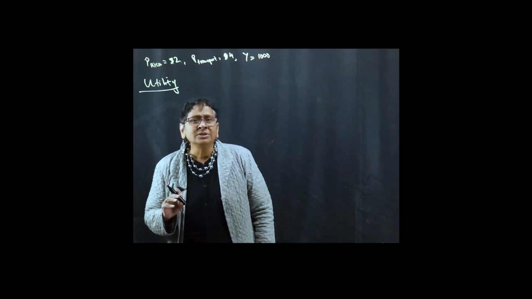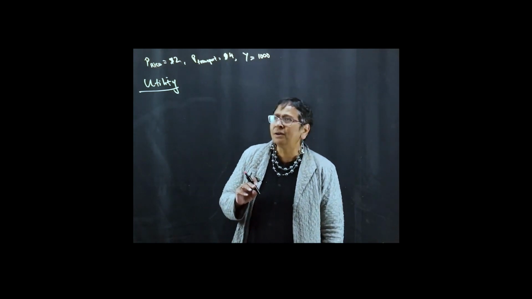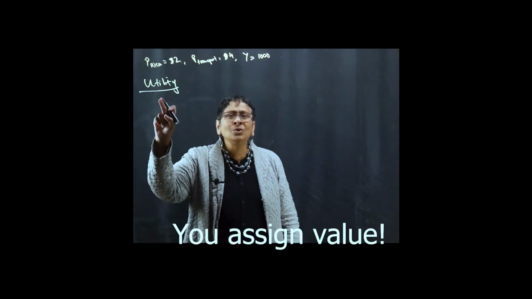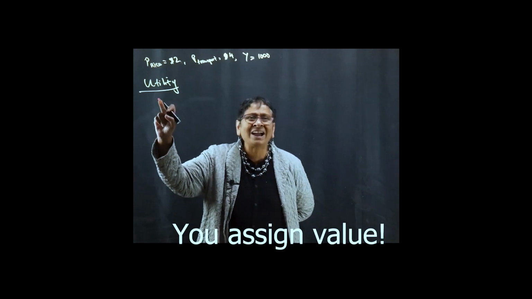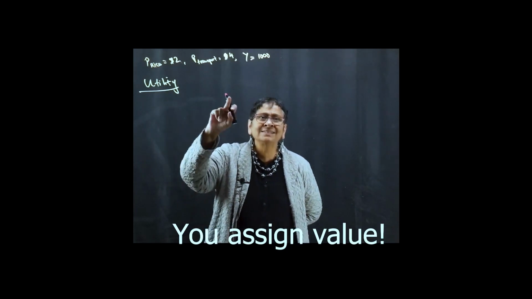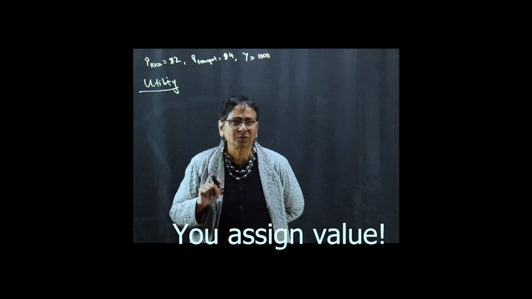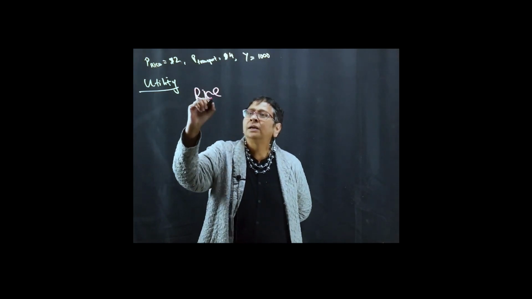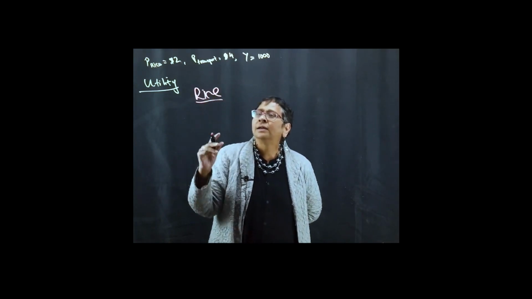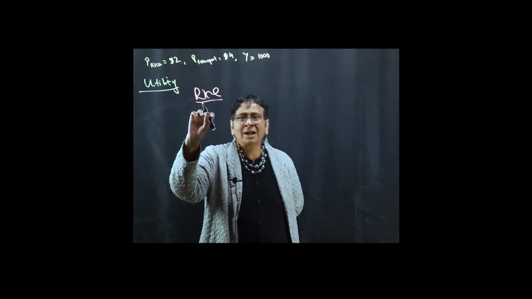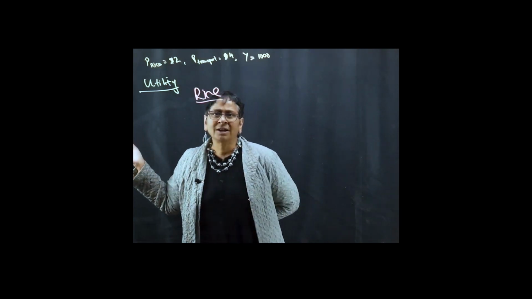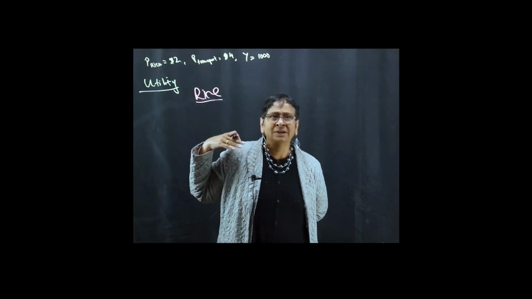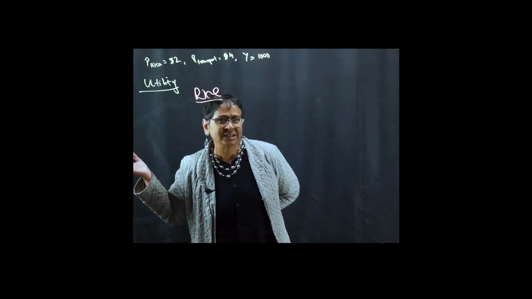And so what I'm going to say is the way it works is that you assign some value to rice and some value to transport. So for rice, it could be that if you had 1 bushel of rice, you would value it at 1,000 utility.